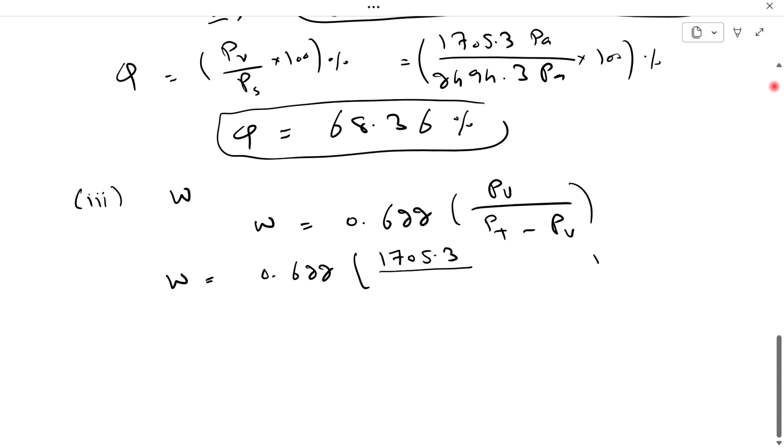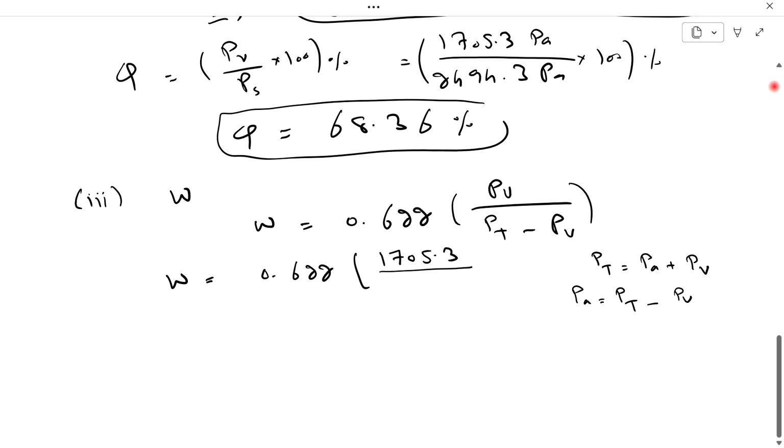As we know, PT is equal to pressure of air plus pressure of water vapor. Total pressure is equal to pressure of air plus pressure of water vapor, and pressure of air is equal to total pressure minus pressure of water vapor.